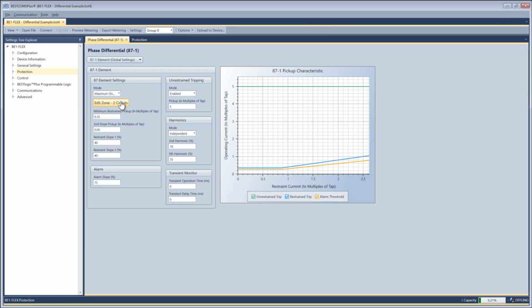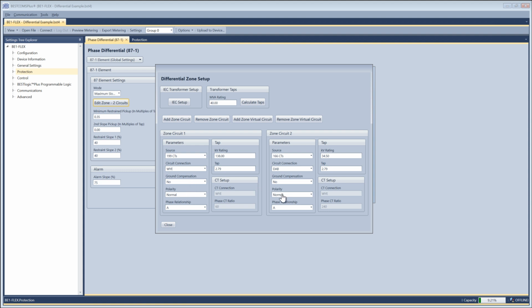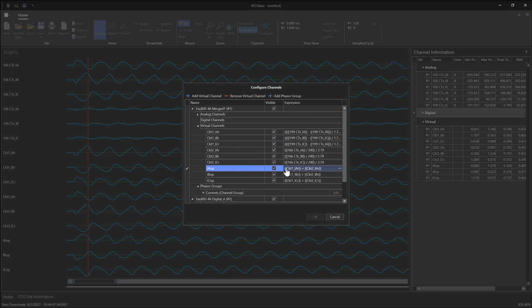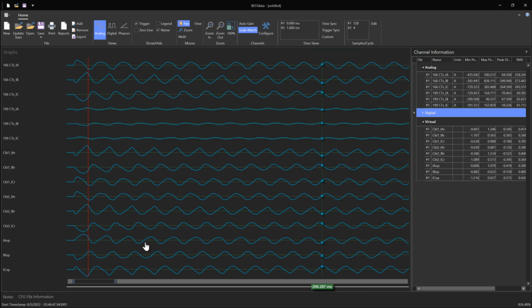If I look at my settings and determine that these polarities are flipped for whatever reason and look in the same direction, I would just do a subtraction in this math instead. So once I create that operate current, I'm going to take circuit 1 plus circuit 2, and ideally those should equal 0. In this particular example, I see that I actually have quite a bit of operating current, and if I hover over this, it's varying quite a bit.